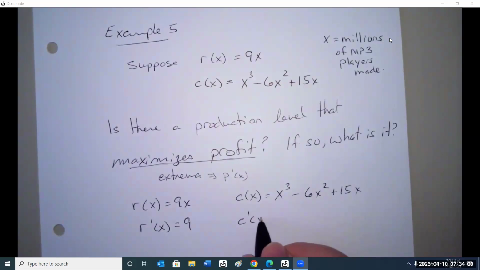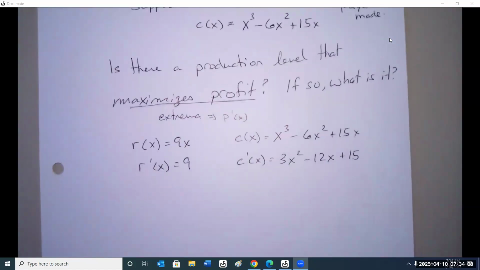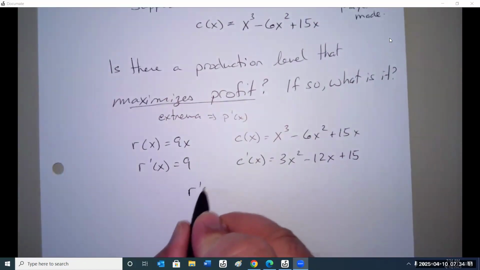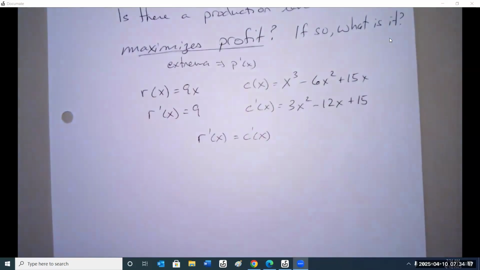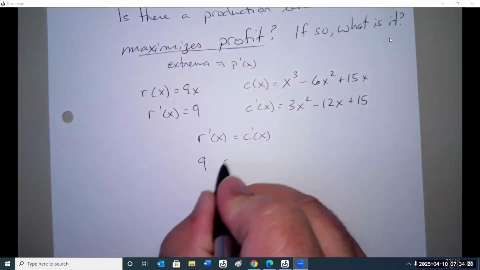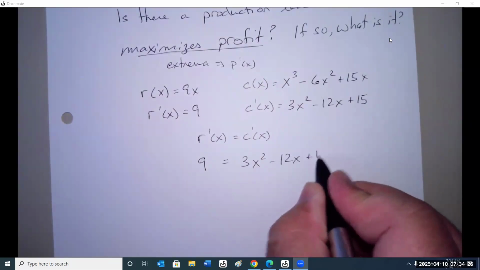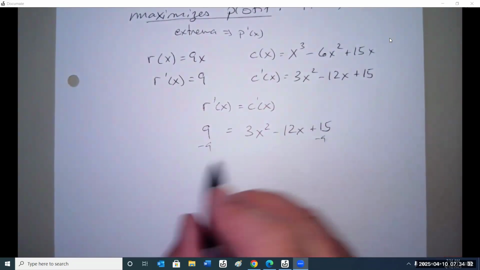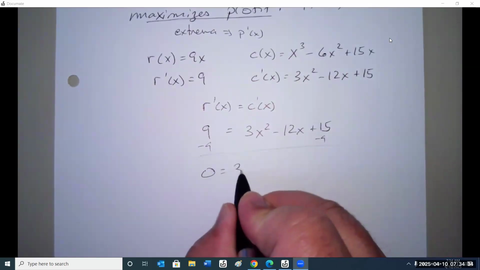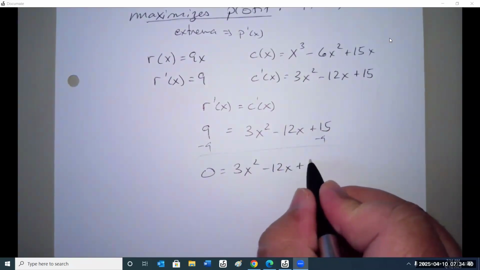So the marginal cost is 3x squared minus 12x plus 15. So what's our break-even point? So we have 9 equals 3x squared minus 12x plus 15. It's quadratic, so we have to set it equal to 0. So we subtract 9 from both sides. 15 minus 9 is 6.